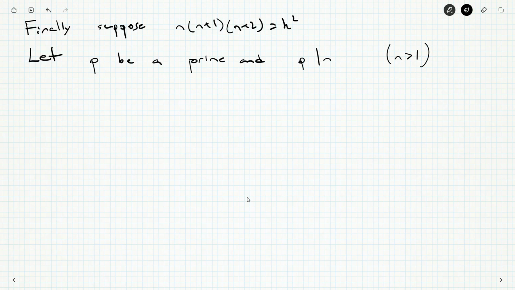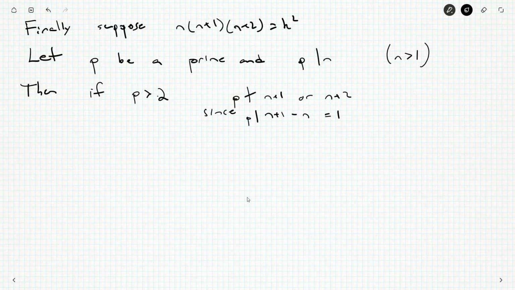So if P is a prime and P divides n, then if P is greater than 2, P doesn't divide n plus 1 or n plus 2, since P would have to divide n plus 1 minus n, which is 1, or P would have to divide n plus 2 minus n, which would be 2, and so we'd have a bit of a problem.